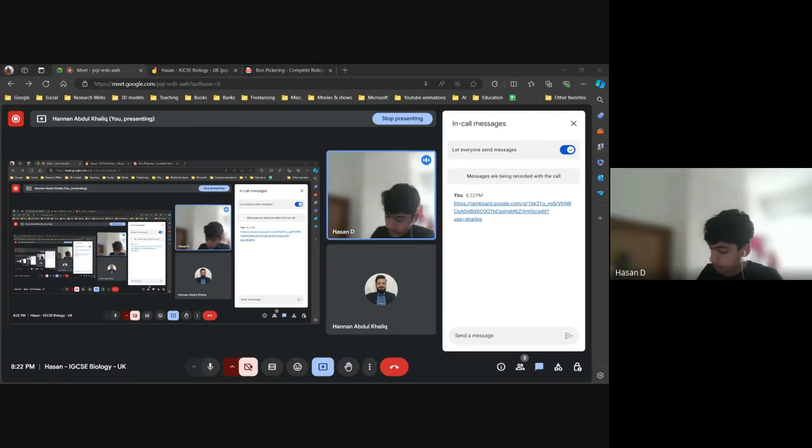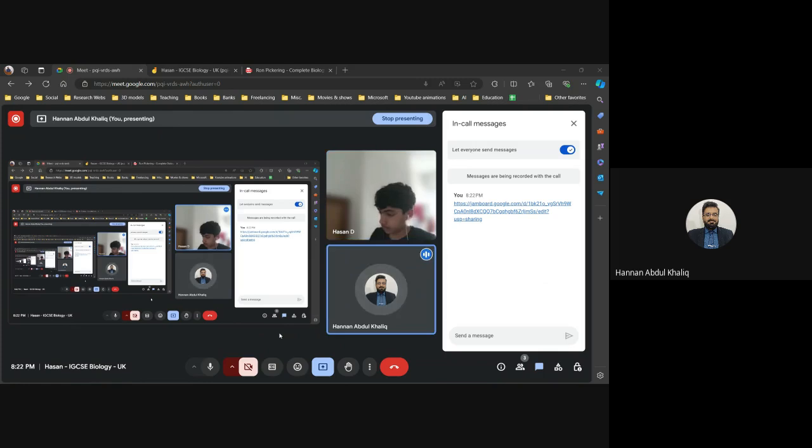Okay, I have the diagram. Now, very carefully read it and check out the arrangement of the organs.